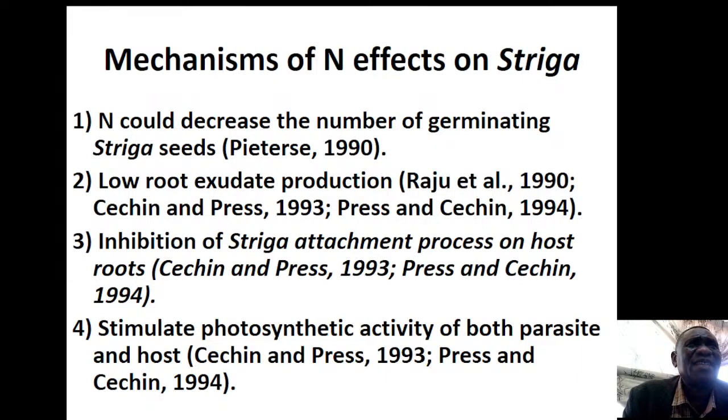There can be inhibition of the attachment process on the host roots. Number 4, nitrogen can stimulate photosynthetic activity of both parasite and host. Probably this brings about tolerance.